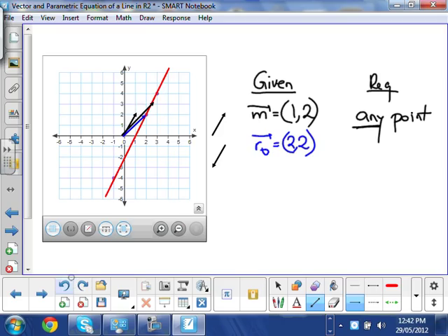Using m and r0. Before we go to any point, how about we go to a specific point? I have two points there on the line. The point of coordinates 3 and 4. Again, the point 3, 4 is not what I want.